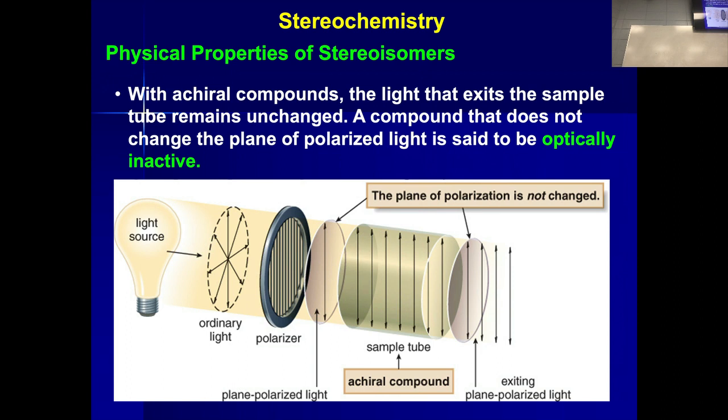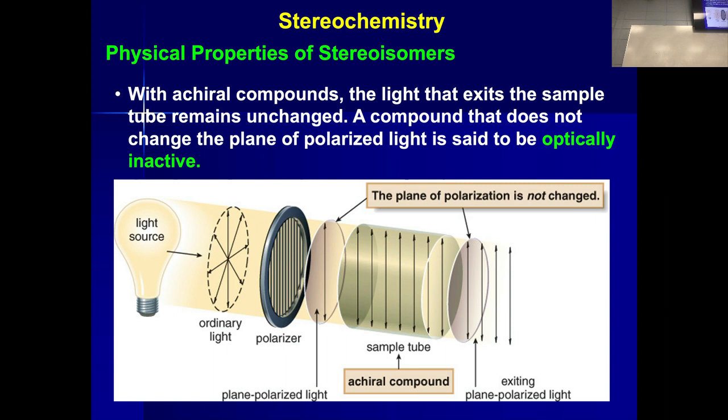So, I'm gonna show you the cheap and dirty way of building a polarimeter. I actually have one of these polarimeters up in my lab, a research grade one. Costs about $20,000. Very expensive sunglasses, okay, if you will. But this is really all it boils down to. You got a light bulb that produces all kinds of light, ordinary light.